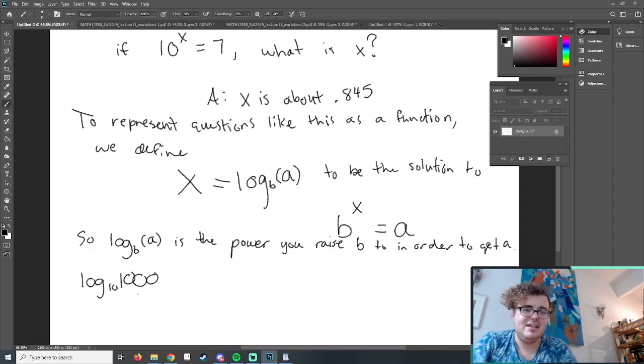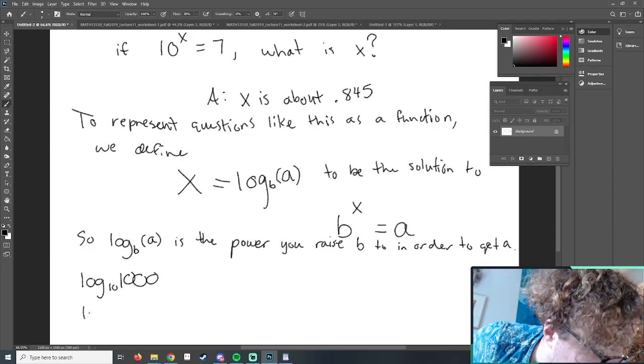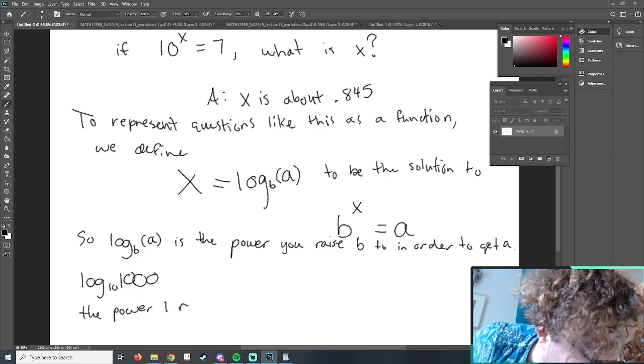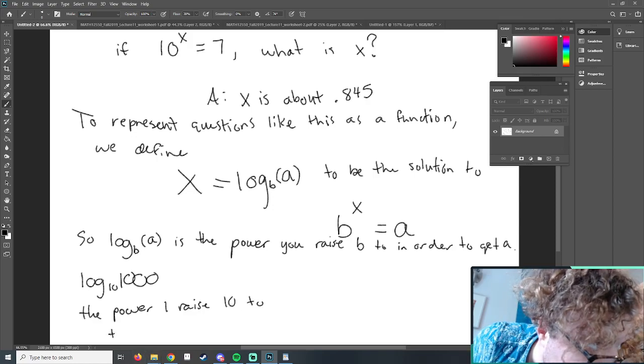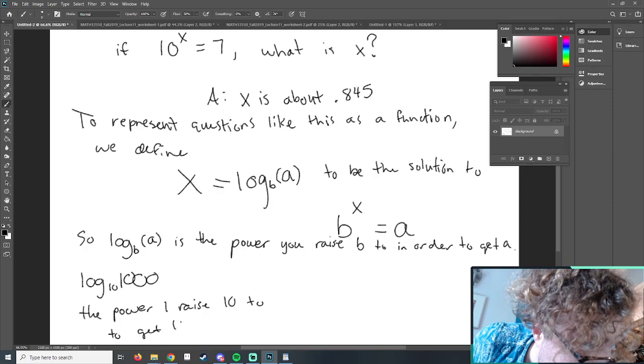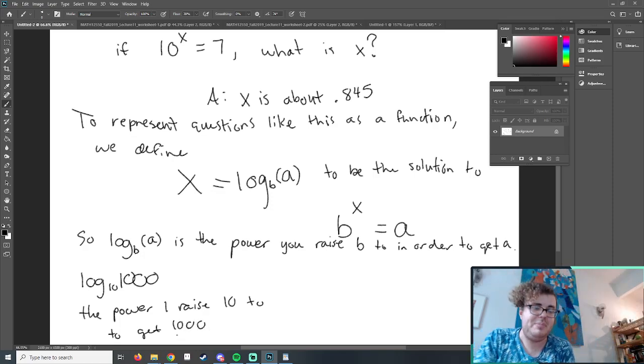So I would read this as the power I raise 10 to in order to get 1,000. Think for a second. What power do I raise 10 to get 1,000? I feel like Dora the Explorer. That's right. It's 3.